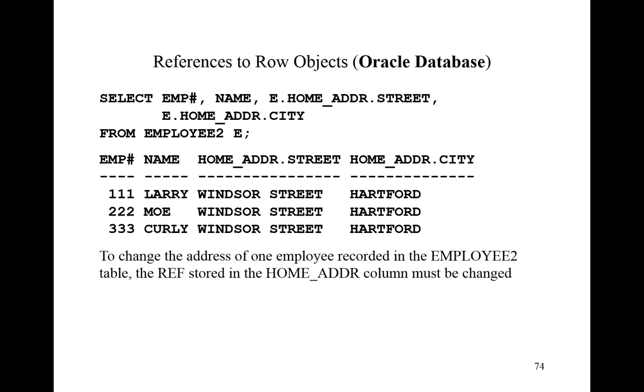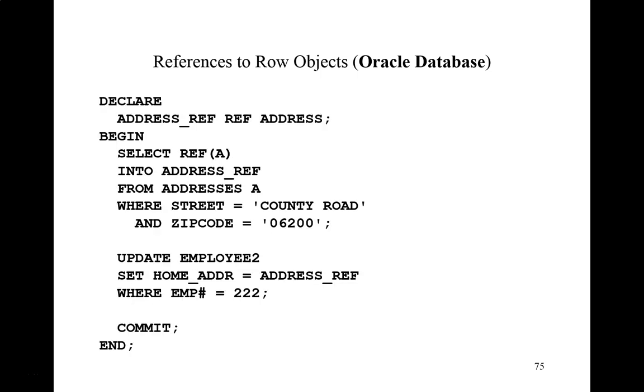To change the address of an employee, we must change the ref value for that employee. First, we obtain the ref to the desired address. Then we take that ref and use that as the new value for the home address column. After executing this code, the home address reference now points to a different address object in the addresses table.